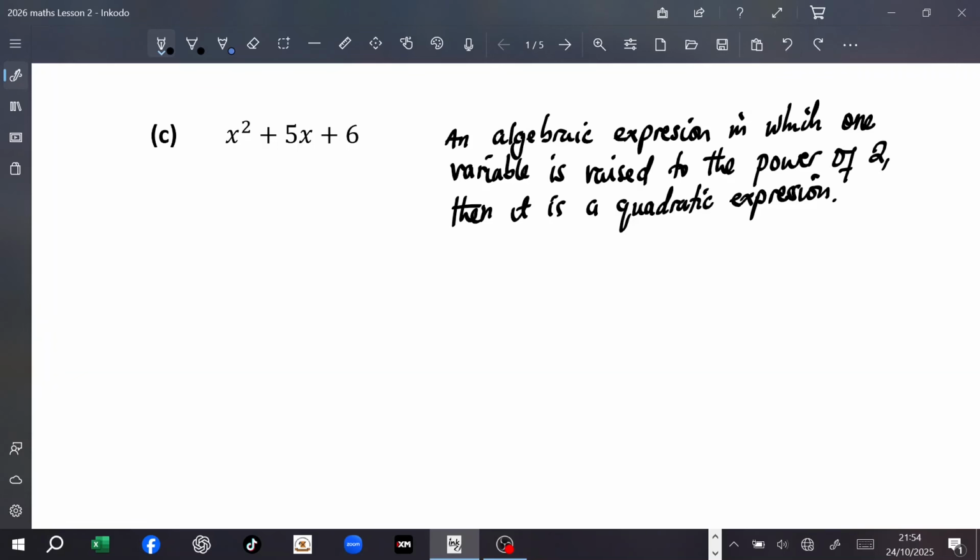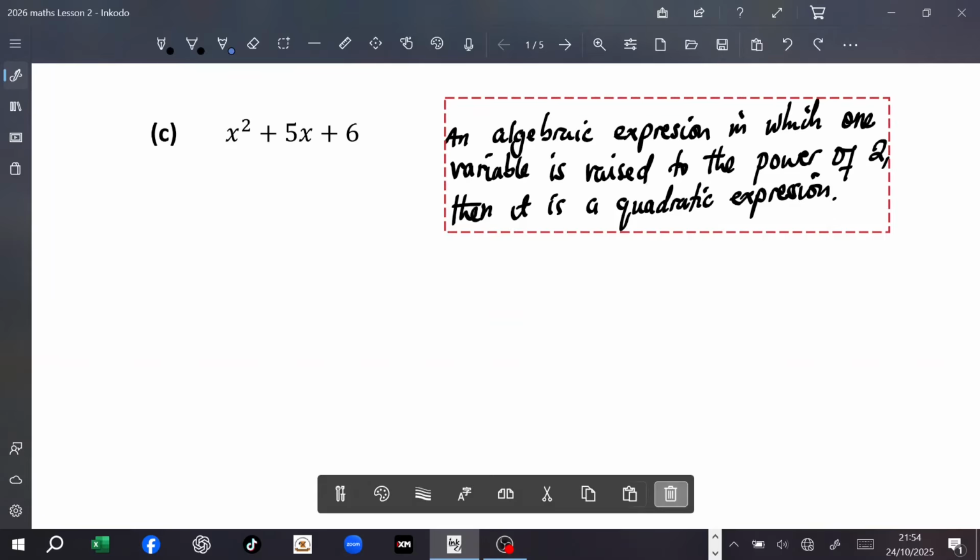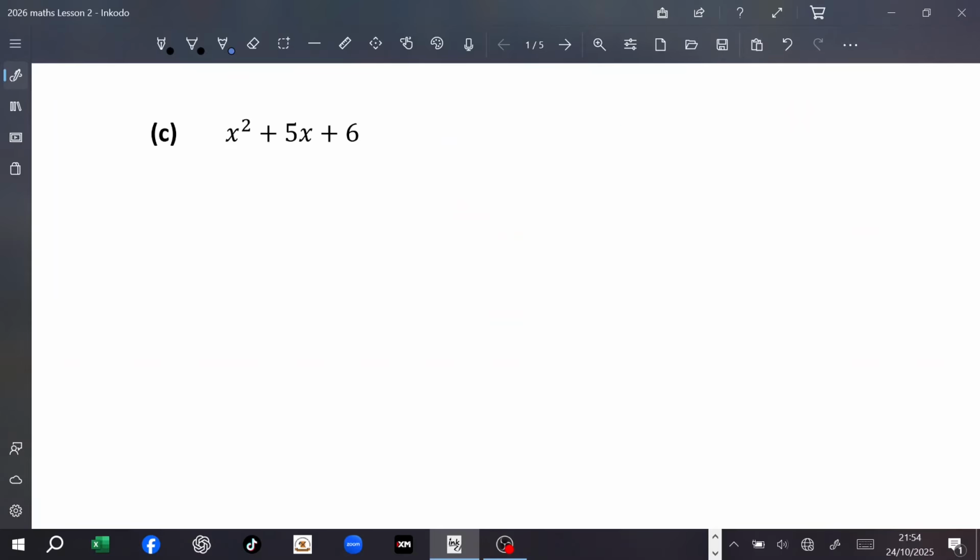So now, quadratic expressions have a different way of factorizing them. So which way is there to factorize this quadratic expression?